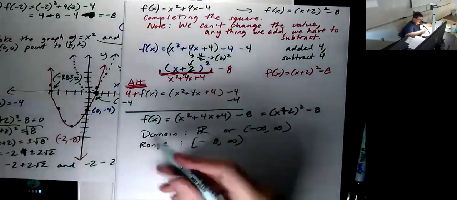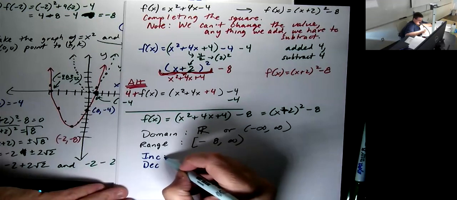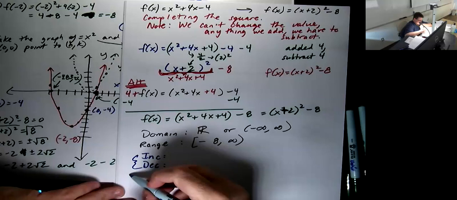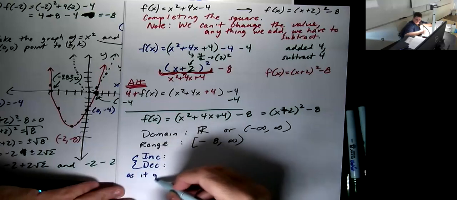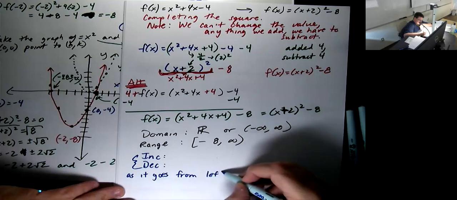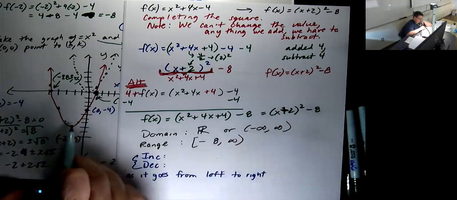And then they might ask you where it's increasing and decreasing. This very concept is as it goes from left to right. So it looks like it's increasing from here onward.